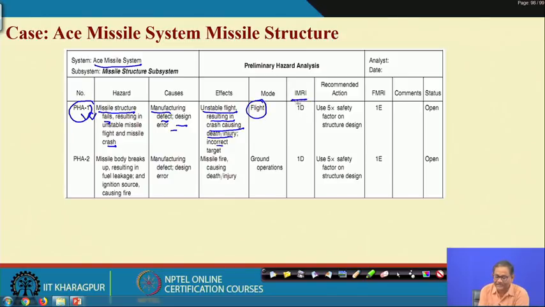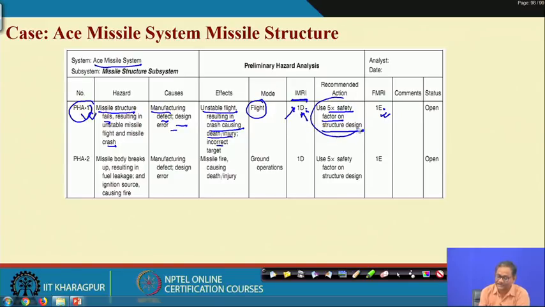What is the initial mission risk index? Catastrophic in nature, remote occurrence. So, what is the recommended action? Use a 5 times safety factor on structural design. Then what will happen? D will be converted to E. D is a probability category, E is also a probability category, improbable; it is remote. So, this is a prevention comment.